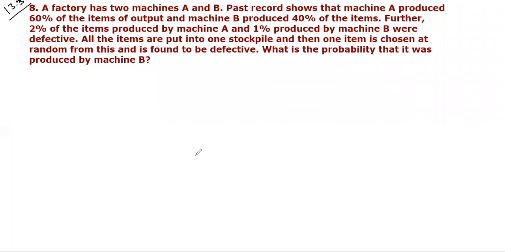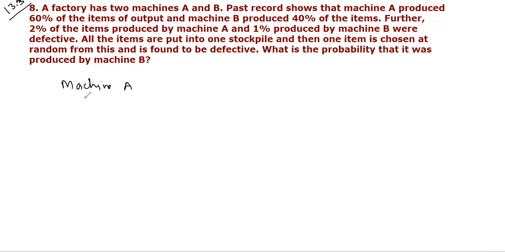Question number 8. Okay, this type of question we have done before also. A factory has 2 machines, A and B. Machine A produces 60% of the output.